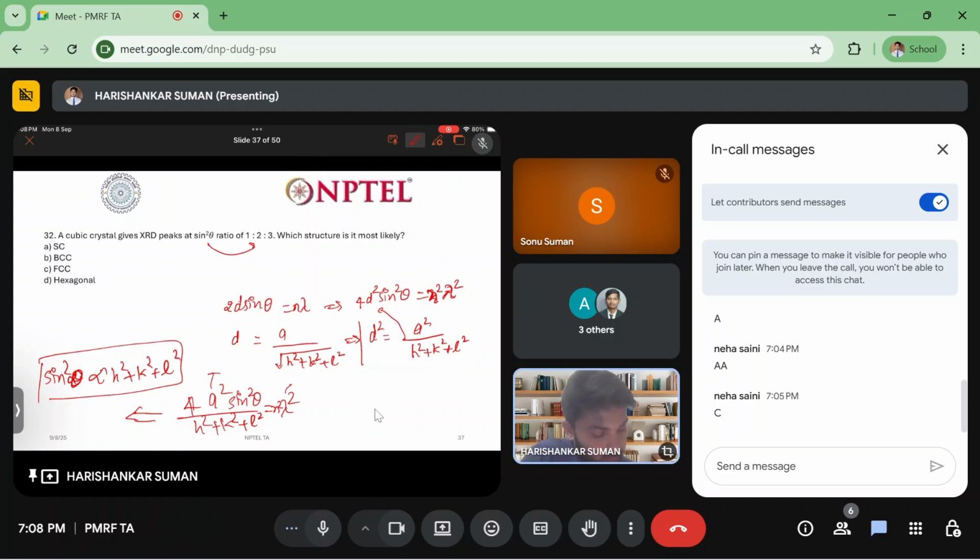Okay, now I have given sin square theta ratio 1 is to 2 is to 3, for theta 1, theta 2, theta 3.